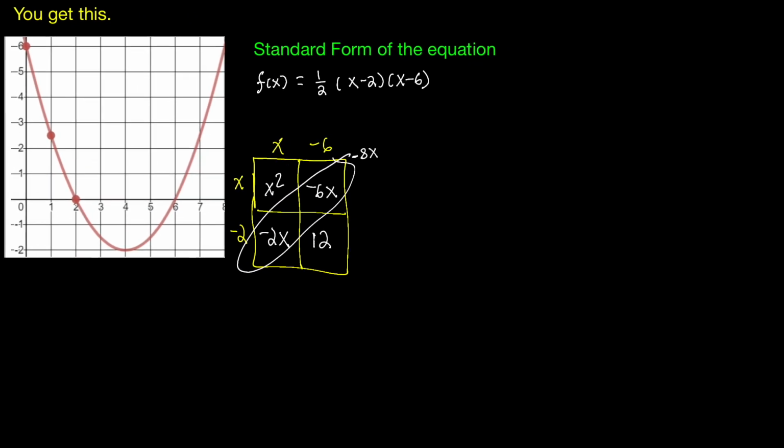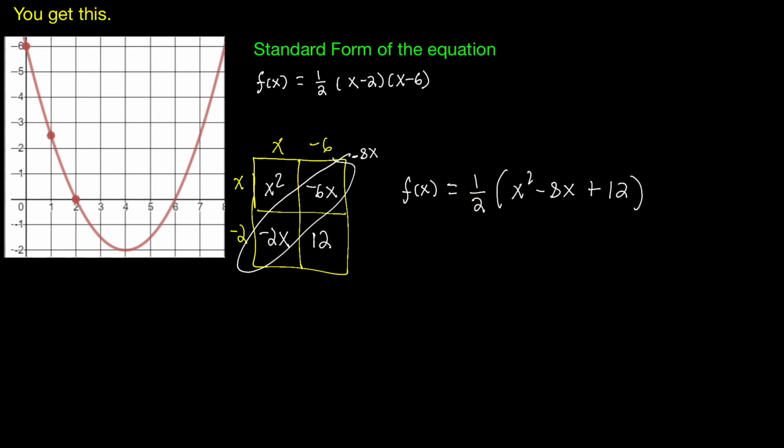So I have that f of x is going to equal 1/2. And then I'm going to rewrite this multiplication as x squared minus 8x plus 12. I'm putting this in parentheses because each of these values is going to get affected by the 1/2.